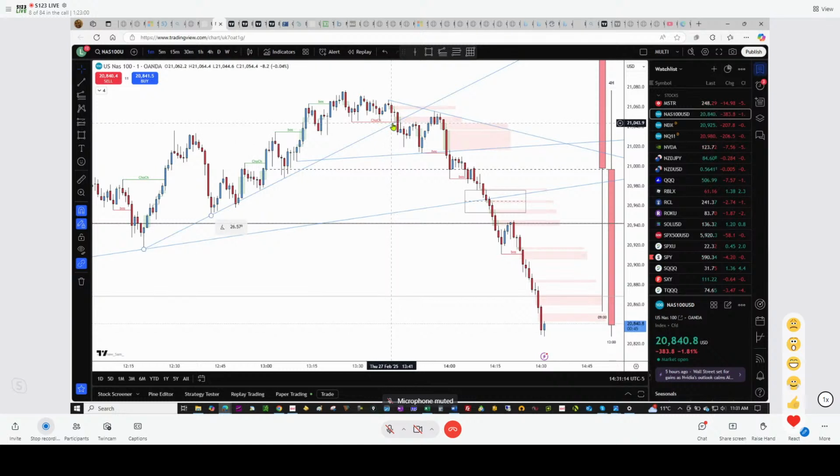And again, keeping in mind a breach of that line, you want to wait for a closure below it to confirm it. Then you could certainly either jump in, putting your stop above, or wait for a pullback and a confirmation of a 1, 2, 3, and so on, right?